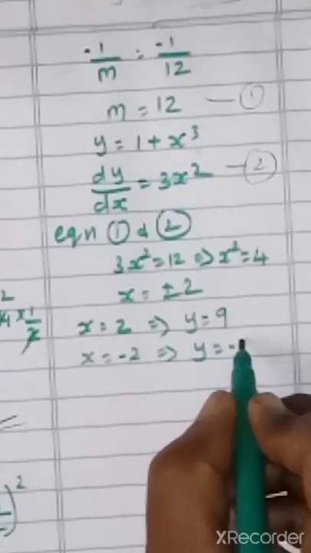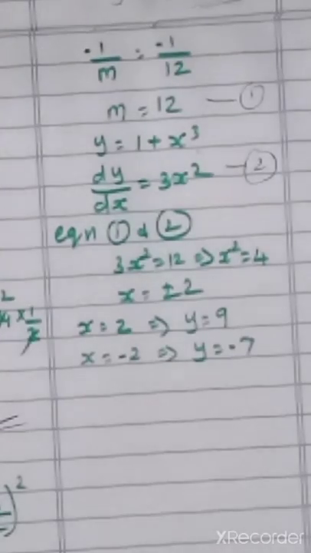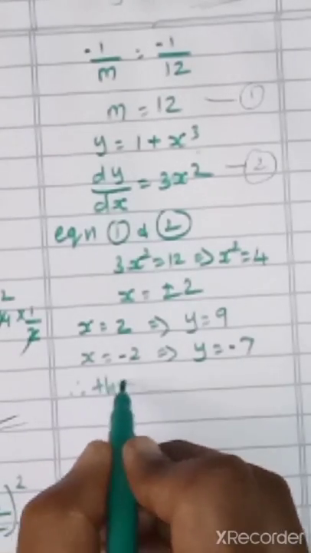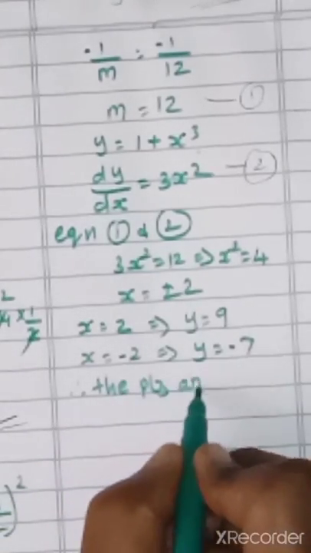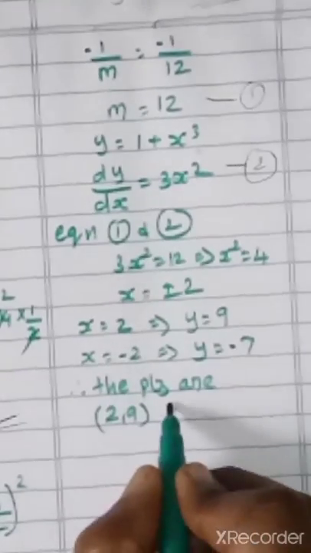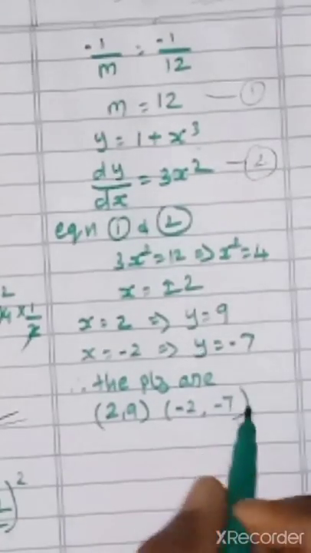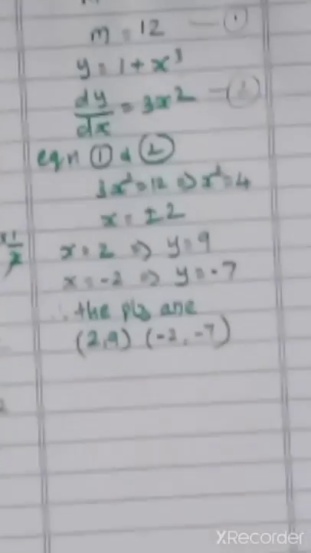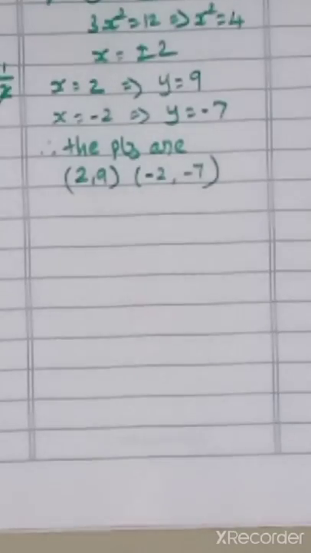So y equal to minus 7. Now we got 2 points. What are the 2 points? 2, 9 and minus 2, minus 7. So using this, we have to find out one equation of tangent, and using this, we have to find out one equation of tangent.